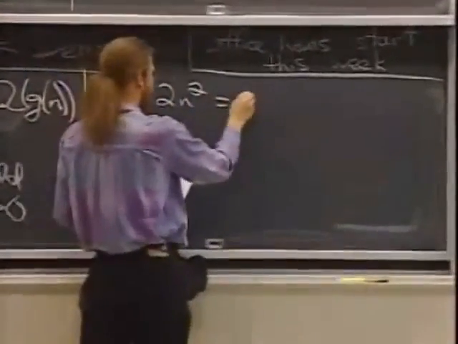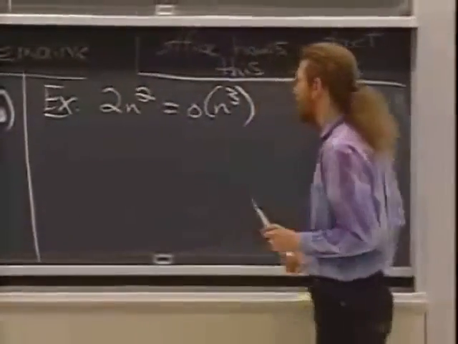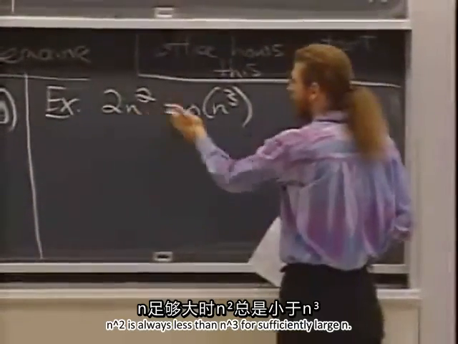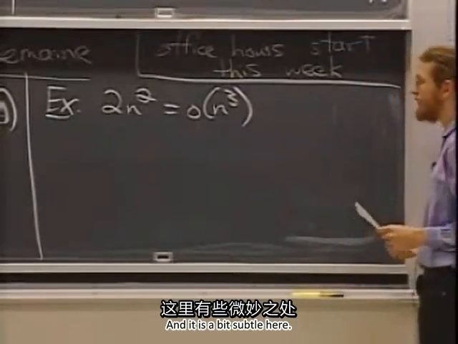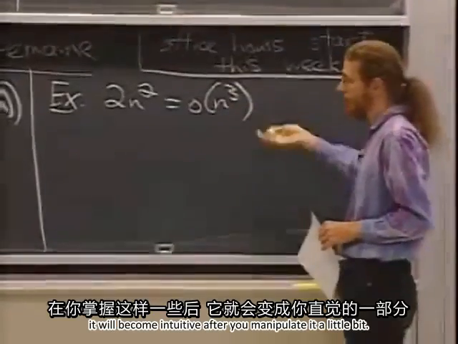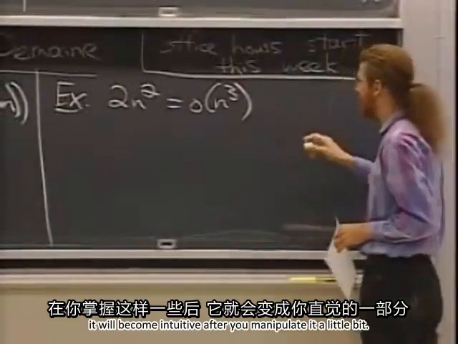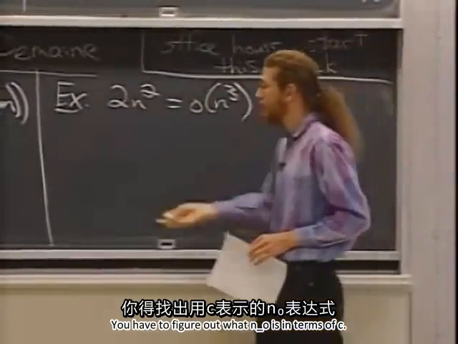Again we're ignoring constants. n squared is always less than n cubed for sufficiently large n. It's a bit subtle here. In order to prove something like this, it will become intuitive after you manipulate it a bit. You have to figure out what n0 is in terms of c.